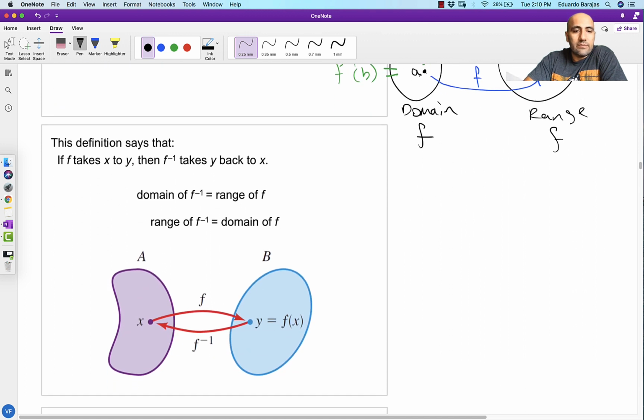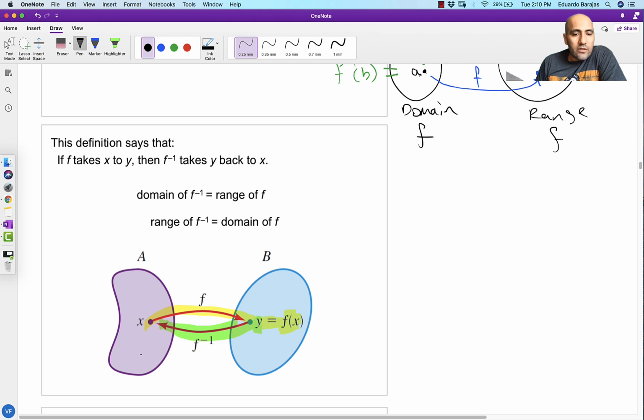Okay, so here's that same jelly bean picture with an x. This definition says that if f takes x over to y, so here's this forward direction, this is the f function, so we have f of x equals y. And then we go backwards and take this y and plug it into the inverse function, and it should bring us right back to x.